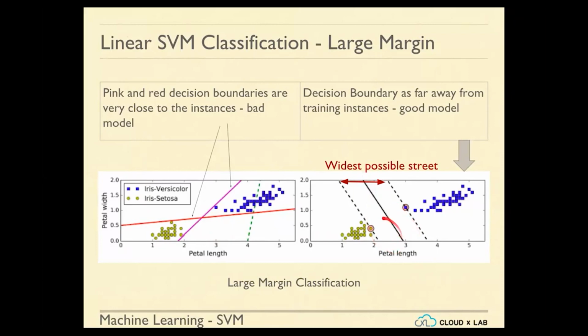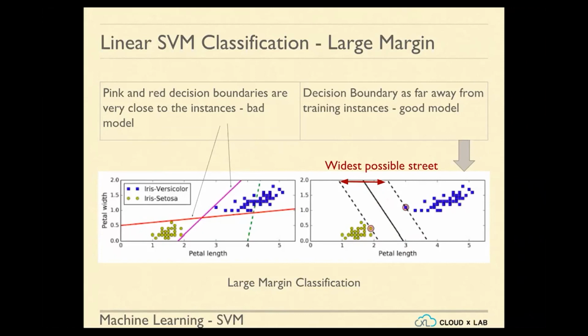We try to fit a wide street between the data sets. Okay, there could be a little violation, but we try to maximize the widest possible street, and we try to figure out what is the widest possible street that we can fit, which will have minimum violation and maximum returns.